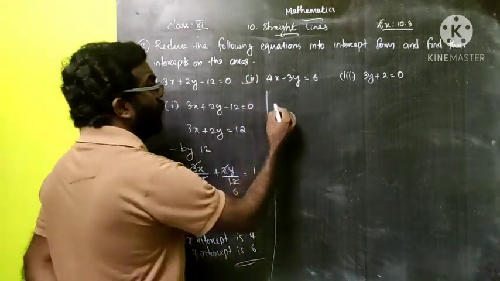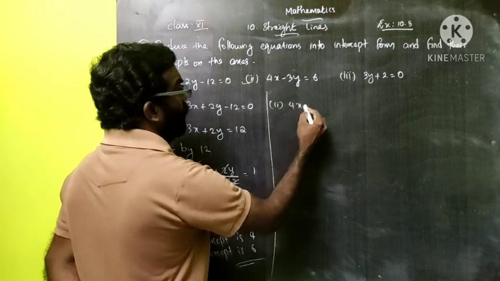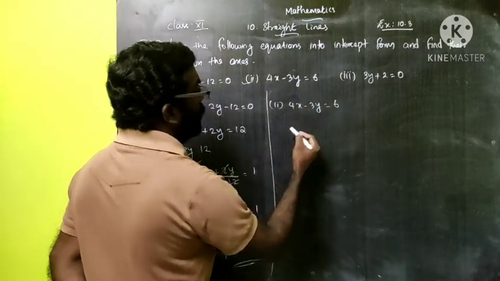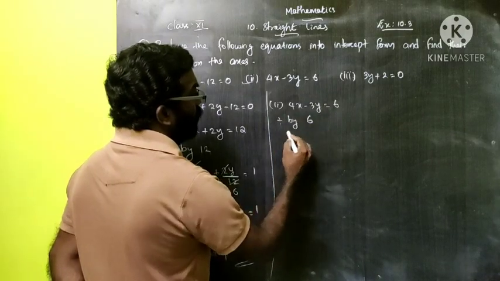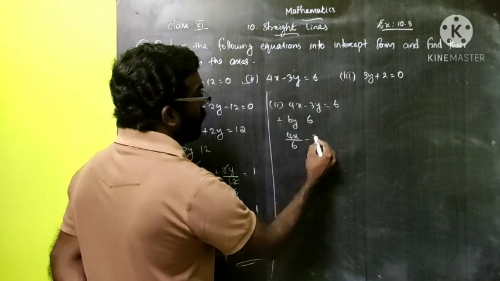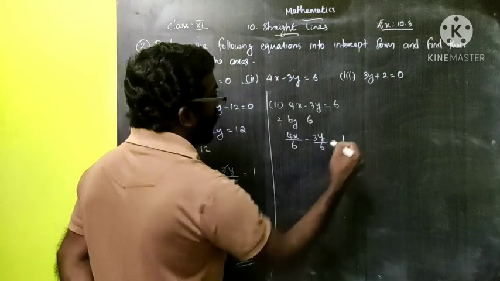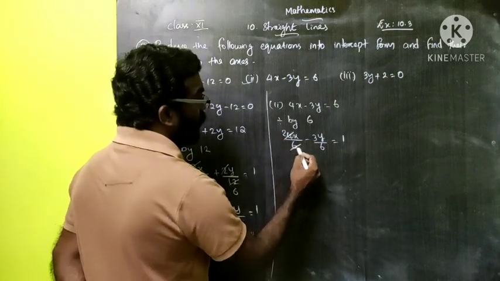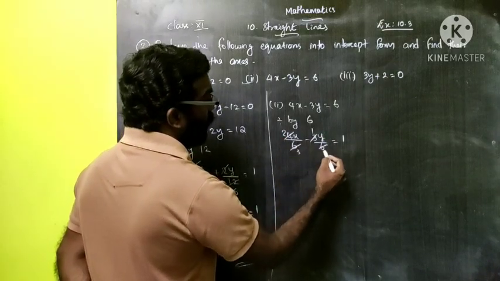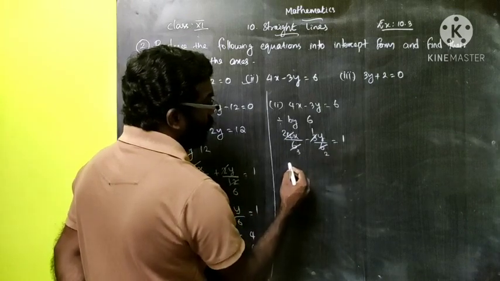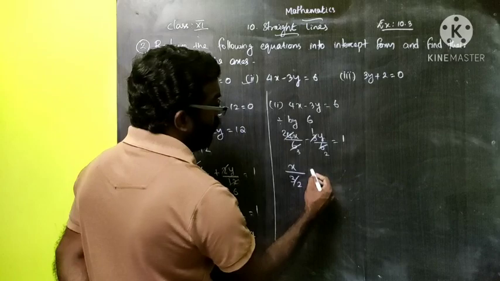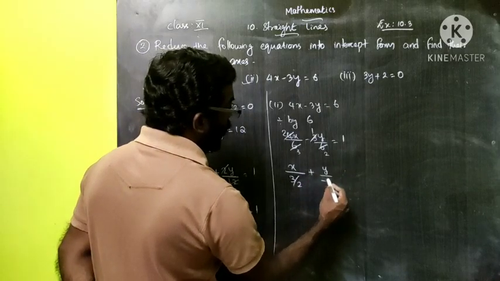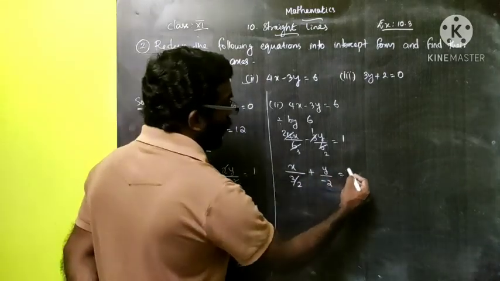Okay. Second one is 4x minus 3y is equal to 6. Here we can divide by 6. So 4x by 6 minus 3y by 6 is equal to 1. 2 by 3, here 1 by 2. And this can be written as x by 3 by 2 plus y by minus 2, which is equal to 1.